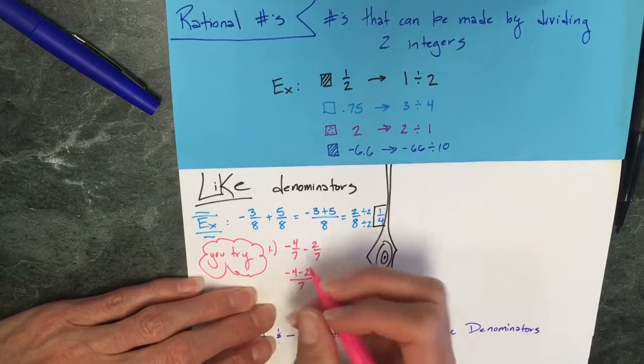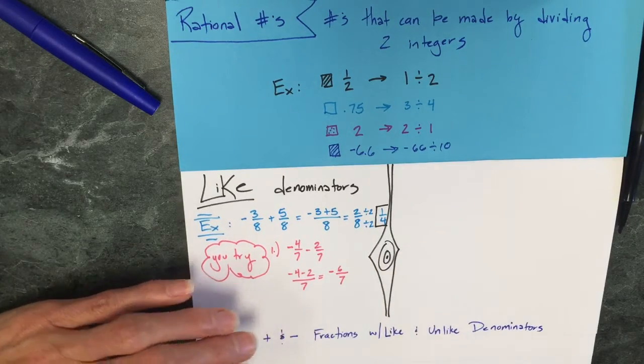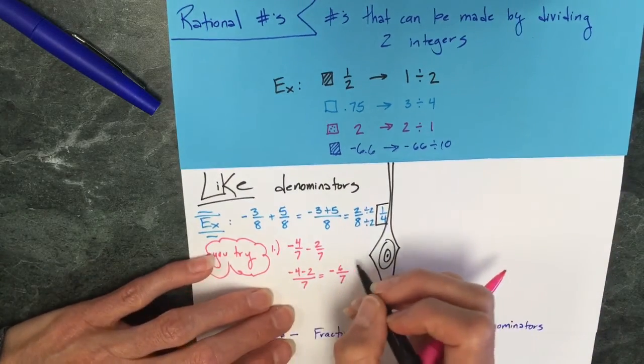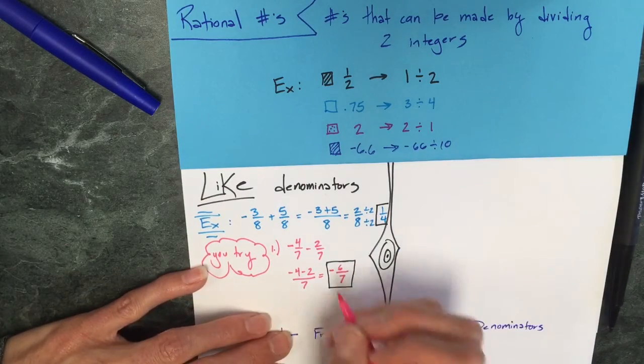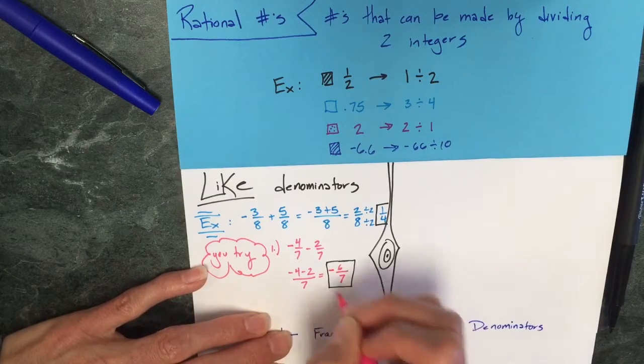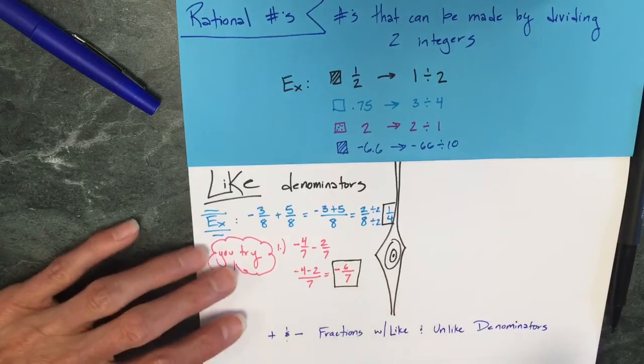I see same sign, just add them up. You get -6 over 7. You cannot simplify that anymore, so that just stays negative 6/7. Doesn't matter if you have your negative here or right in front or on the 7. If there's a negative there, it is negative.